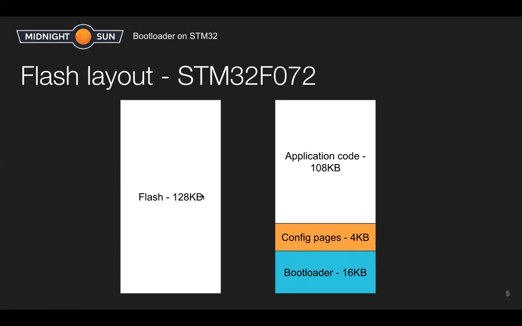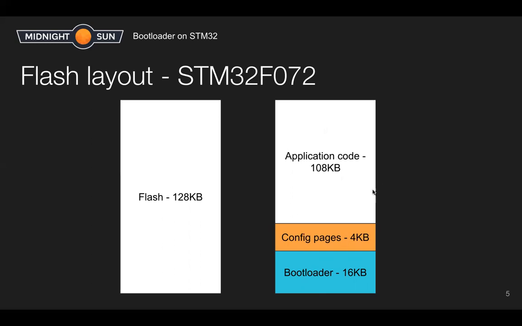So what we do is we take this 128 kilobytes and we break it up into 3 sections. The bootloader will take up the bottom 16 kilobytes of that, and then we'll have 2 config pages totaling 4 kilobytes, which I'll talk about in a minute. And then the application code, which is the actual program, we leave the rest of the flash, 108 kilobytes, for that.